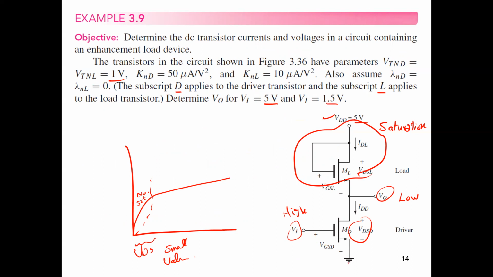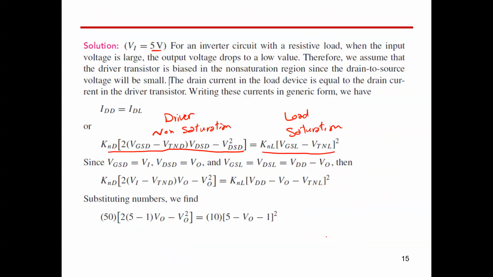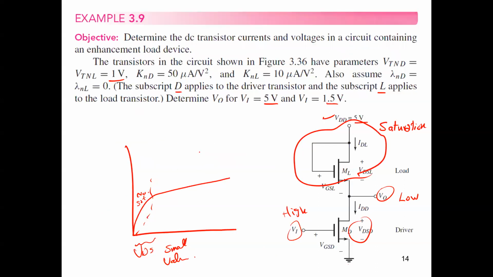Because the source is connected to ground. So we can say V input equals VGS. And V drain to source of driver equals V out from the circuit here again. So this is V drain to source, this volt, which is nothing but our output volt.